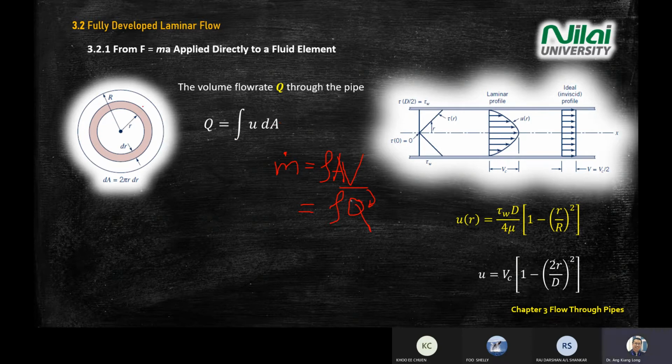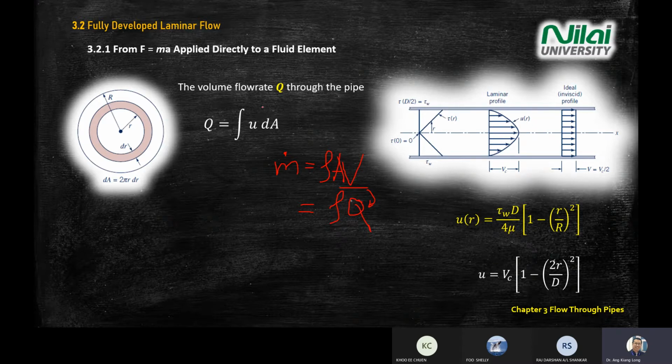In this case, your A is changing, so the one that you integrate is the area. The velocity has its own equation, which is replaced by the equation at the bottom right hand corner of your screen.